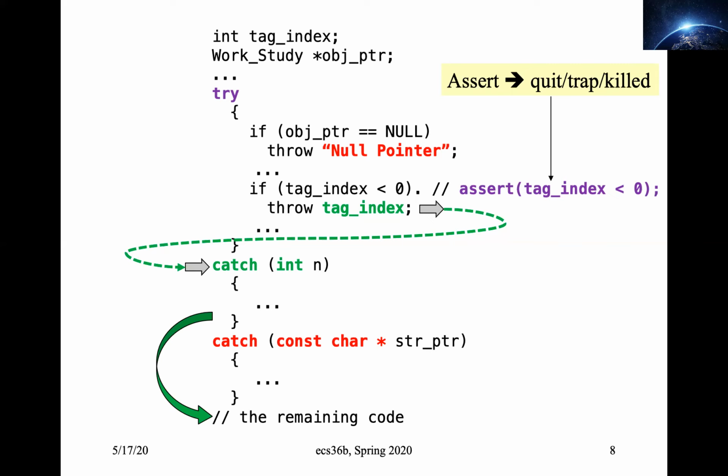For example, if I catch this as an integer, within that catch I can actually call another throw. I can throw a string, and then this one will catch it. You could trigger multiple ones. But I'm going to show you a more complicated situation in JSON RPC.